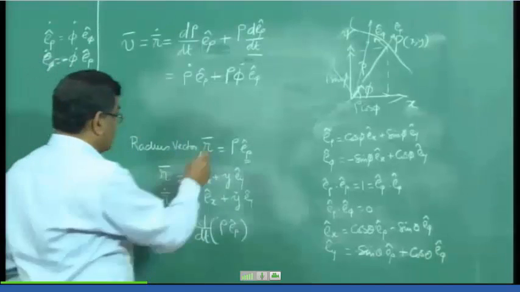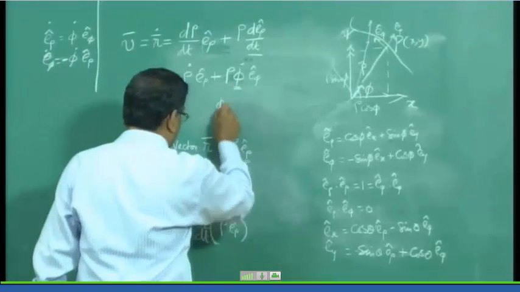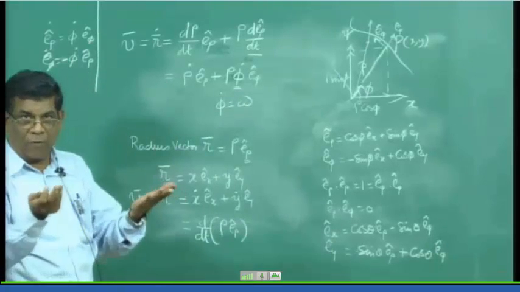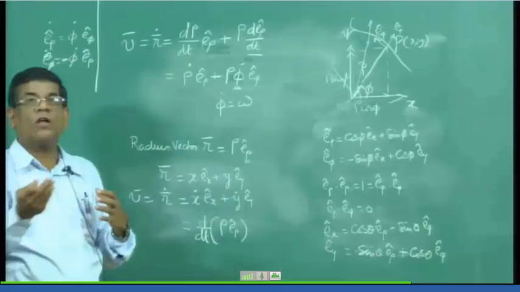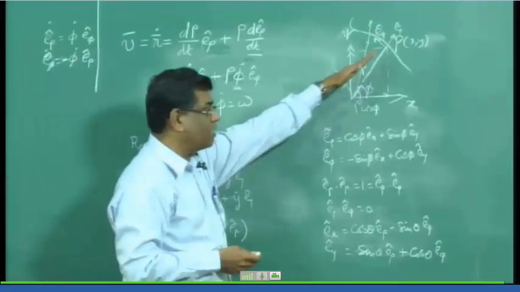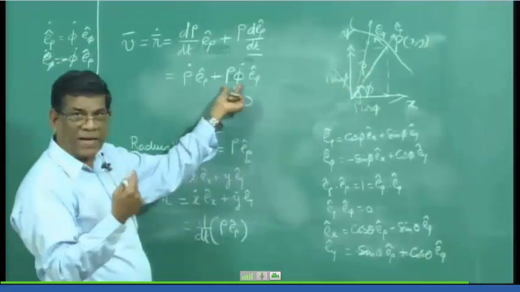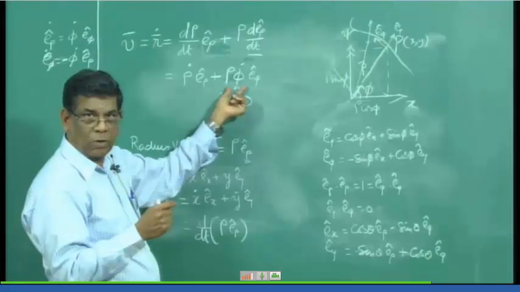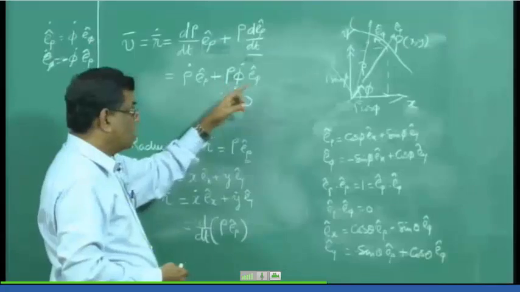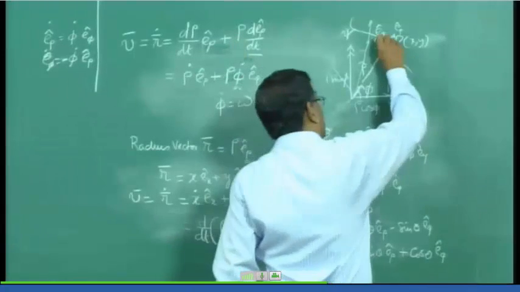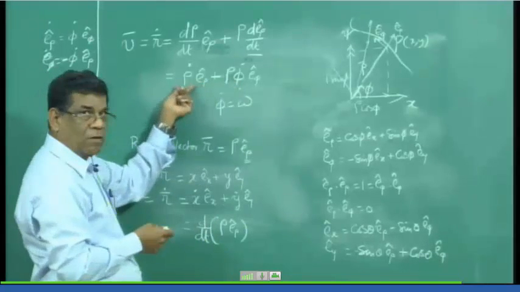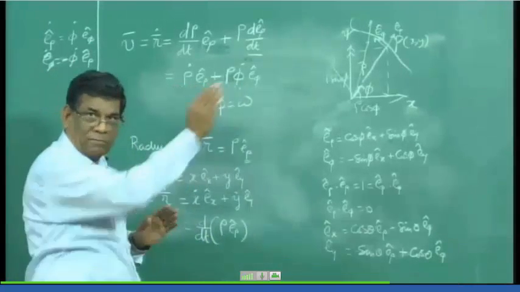Now, what is phi dot? We all know phi dot is nothing but angular velocity, d phi by dt, omega. We know it by a different name, angular velocity, omega. So this is omega, and this is the radius vector, so this is something like r omega, rho omega. Rho omega is the linear velocity at the point, the tangential velocity, given by r omega. This is the velocity along the rho direction.